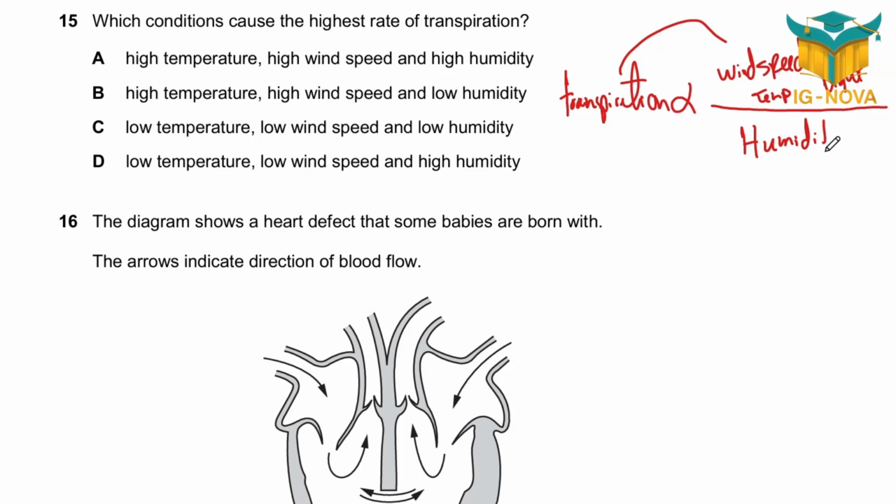Humidity and transpiration are inversely related. So we need the highest rate of transpiration, so take this up and take this down. High temperature, agree. Low temperature, disagree. Remember that we need to take temperature up, so we need to take the numerator up and the denominator down. High wind speed, agree. High humidity, wrong. We need to take this one down. So low humidity, so B.